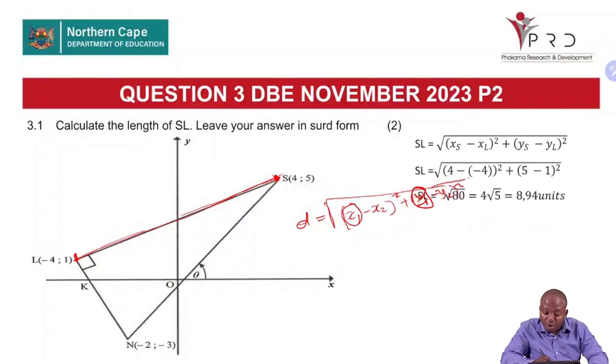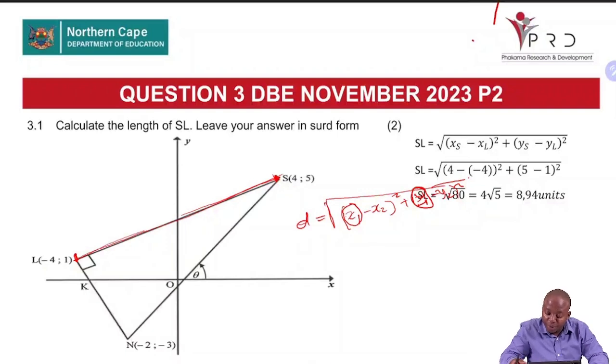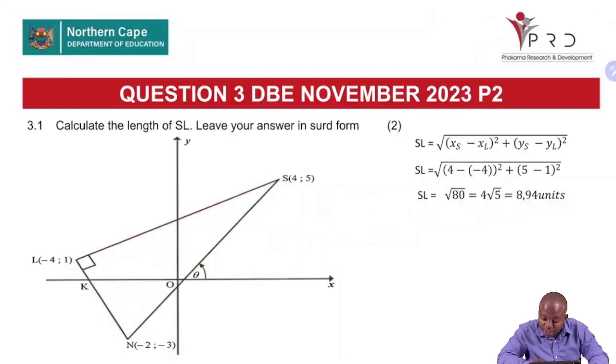So now, to find the distance of SL, this is what we did under the solutions. SL is equal to the square root of (XS minus XL) squared plus (YS minus YL) squared.